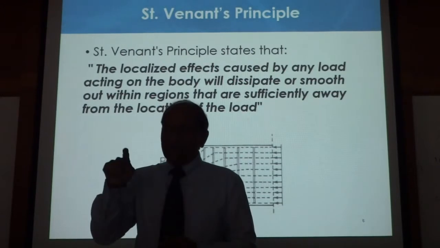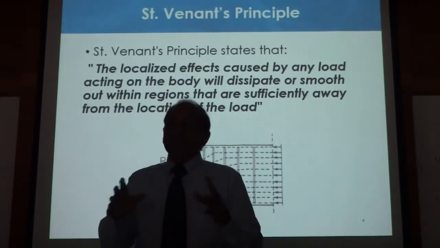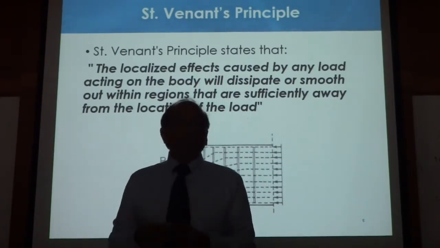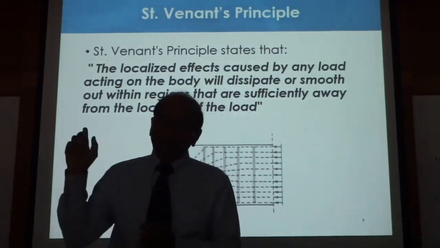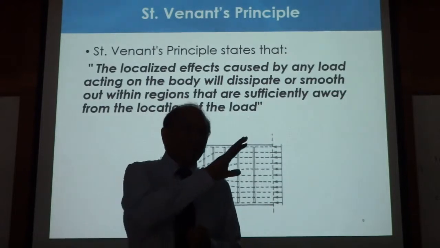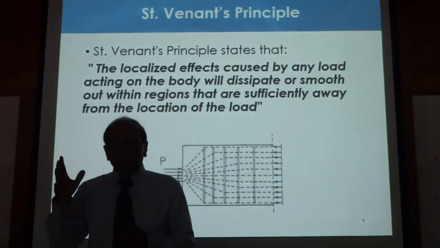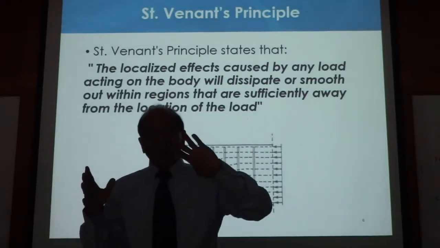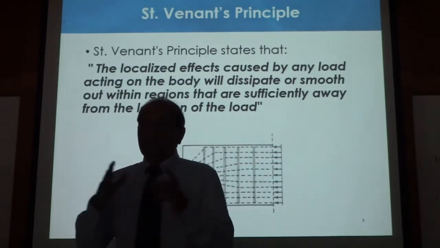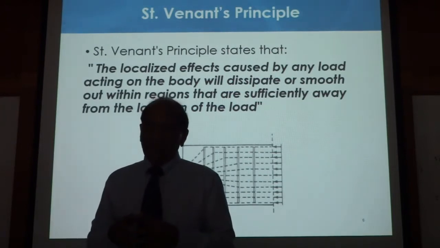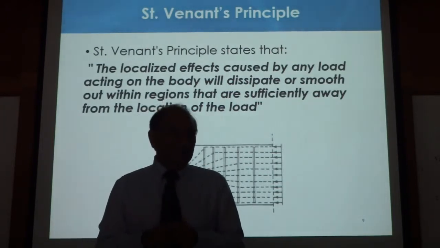They have a local effect, and after some time they disappear gradually. So this is very interesting for us, to see that even though we know that in some beams plane sections do not remain plane, those places where they do not remain plane are only localized, not all the way, right? Because that's what this principle is saying.